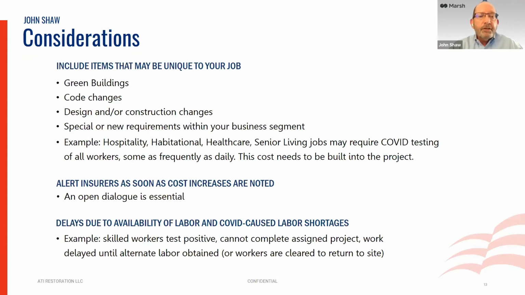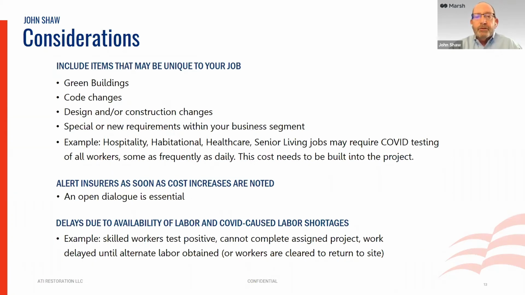Alert the insurers as soon as cost increases are being noted. Have an open dialogue. It's essential that they know as soon as you know. Now, on larger commercial jobs, the insurers will often have a construction consultant on site that you can confer with as things are happening. Yes, please do so. Take the opportunity to do that.